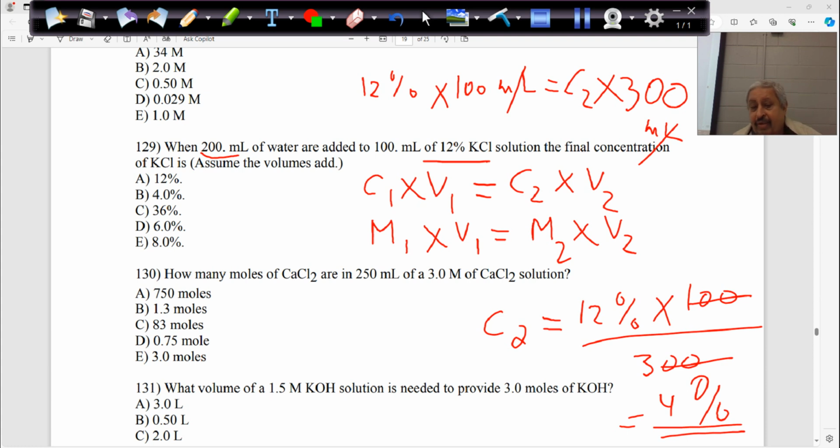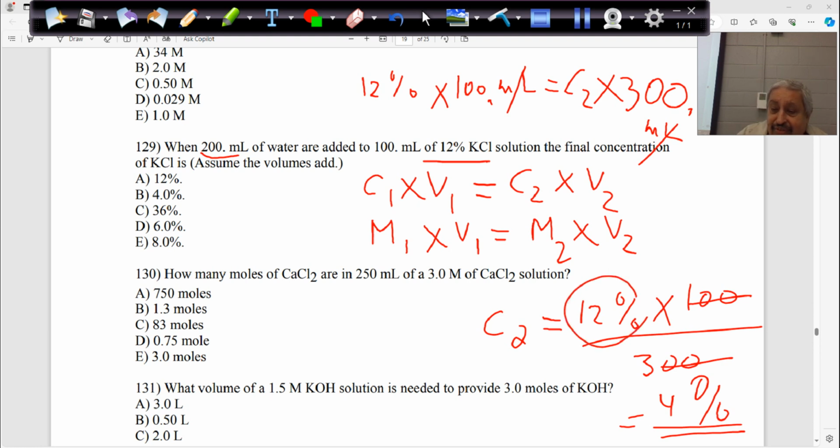So we did not look at the sig figs, but you get the idea. That's 3 sig figs, and this is 3 sig figs. This is 100, 3 sig figs. So your answer will be 3 sig figs. But here they give you just 2 sig figs because this is the least.